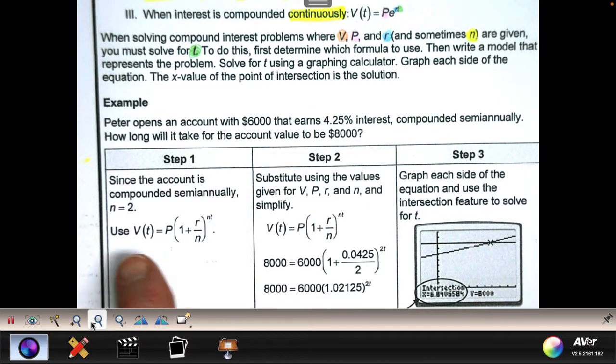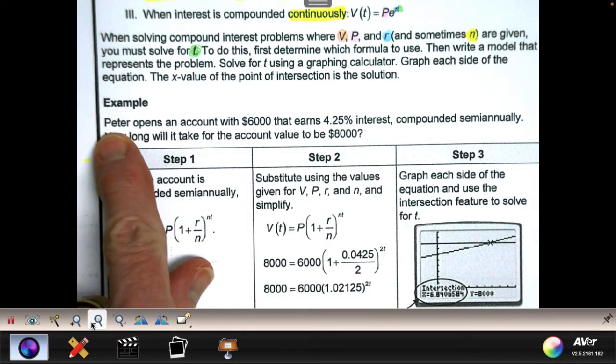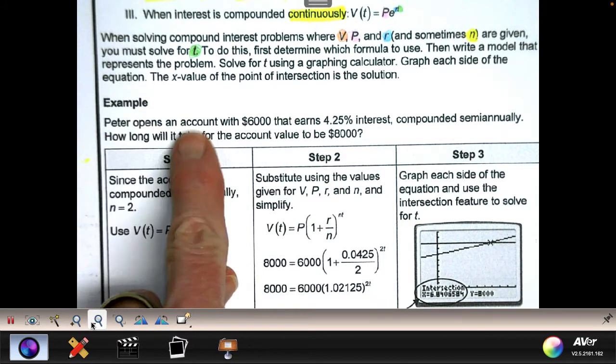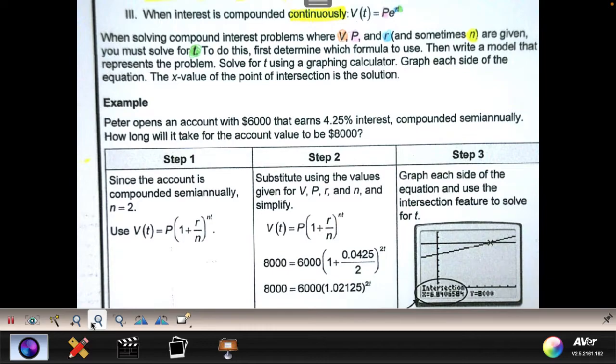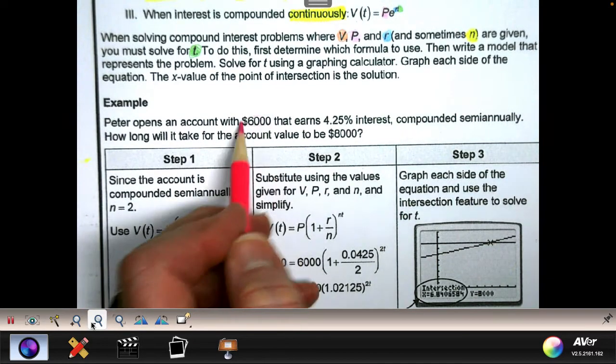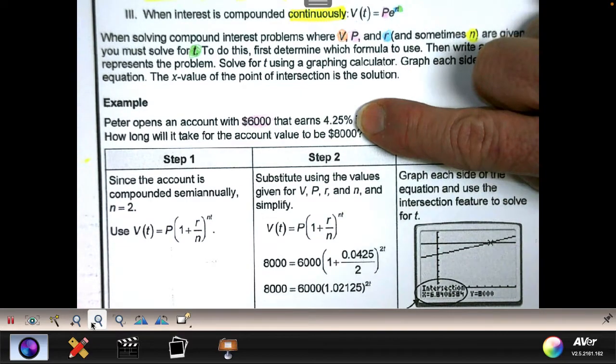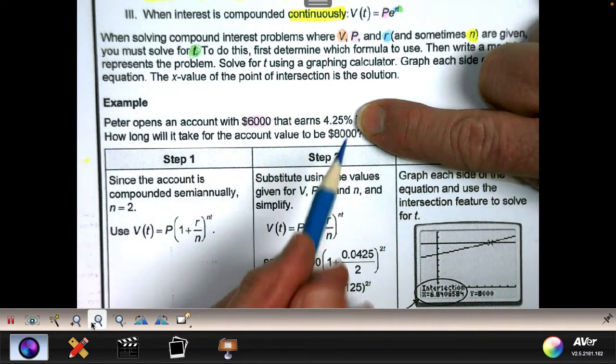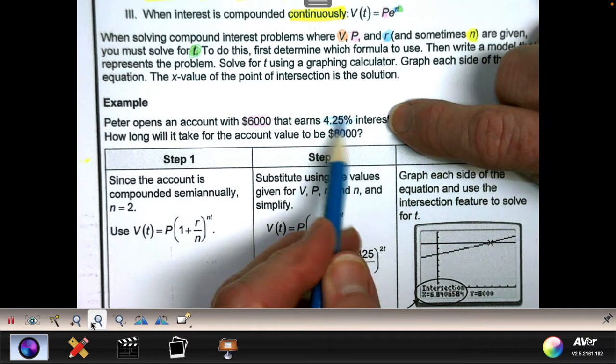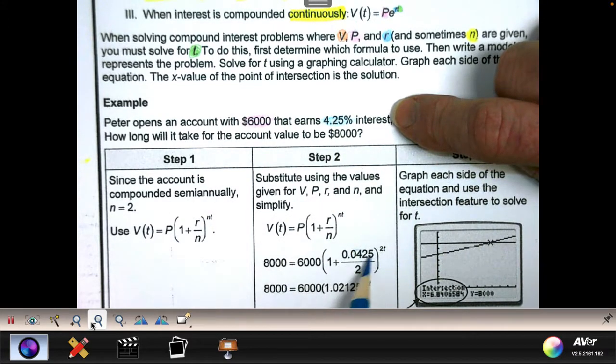Okay. Can we read it all? Yes. Peter opens an account with this principal. So that's your pink number. And it earns 4.25. So that's your rate. But you want to write it as a decimal. That's why it's 0.0425.